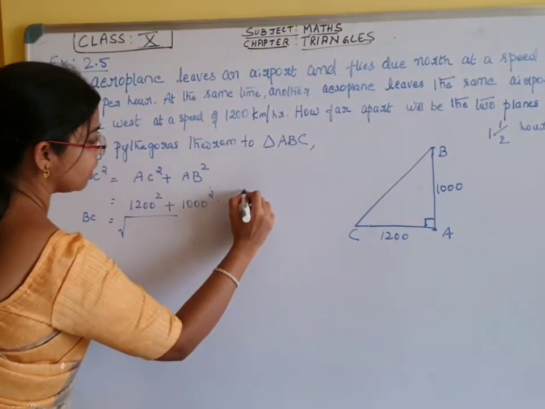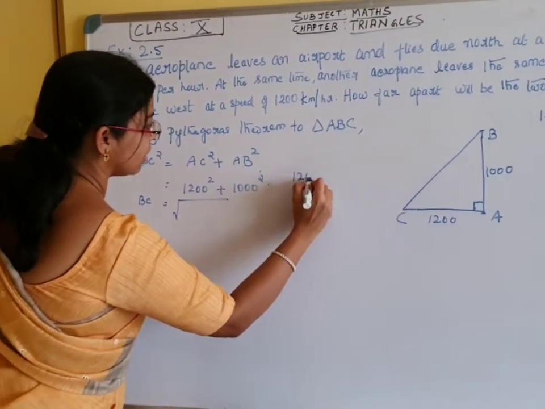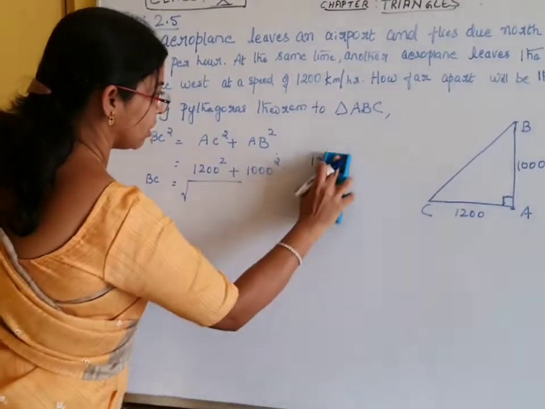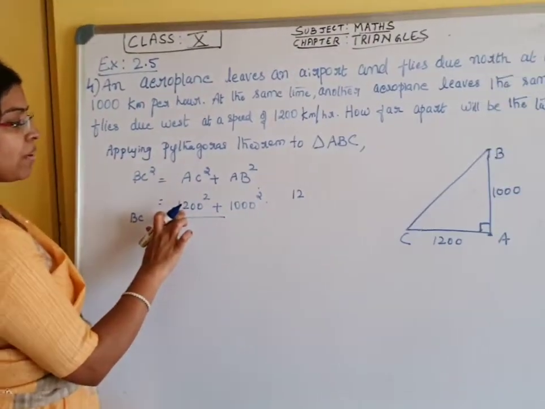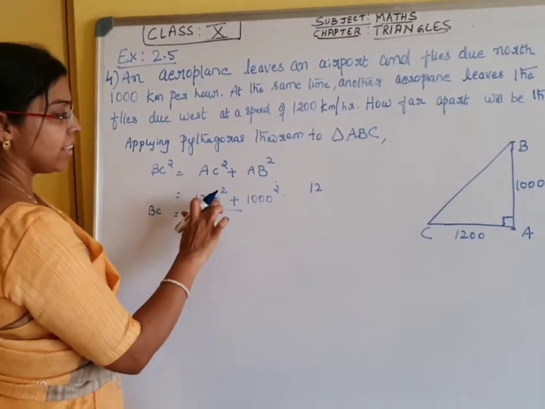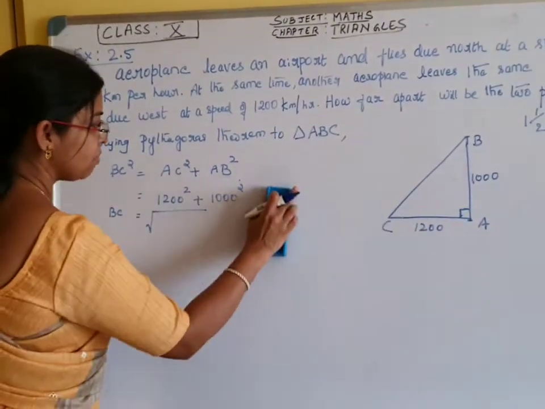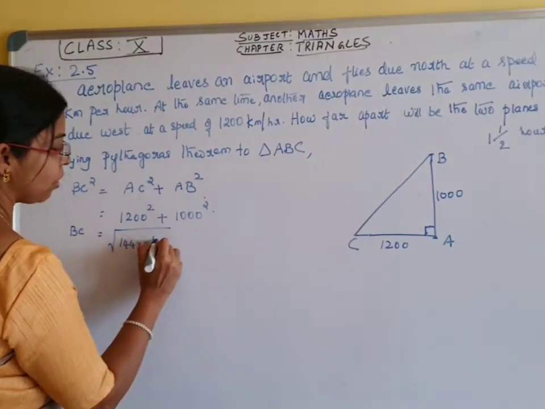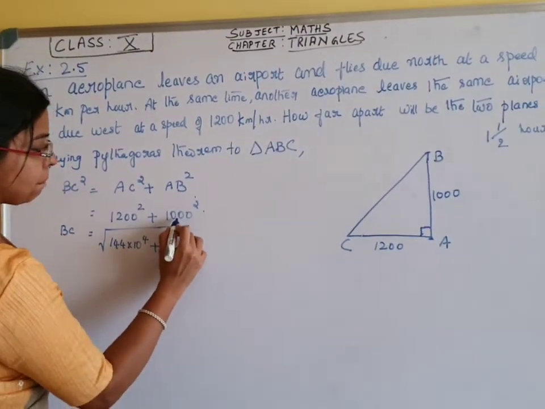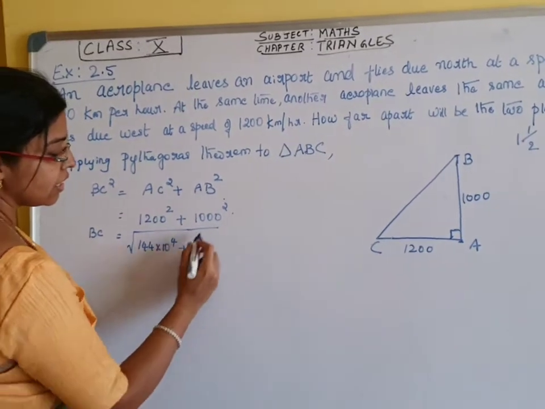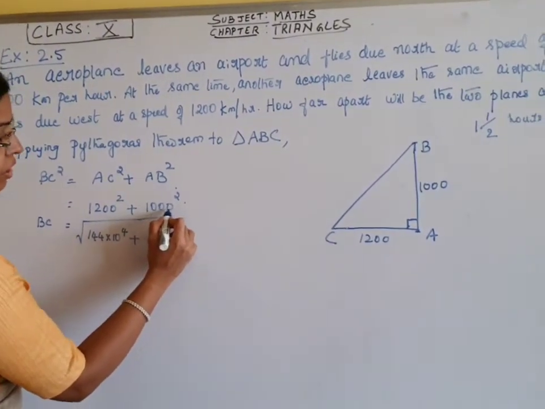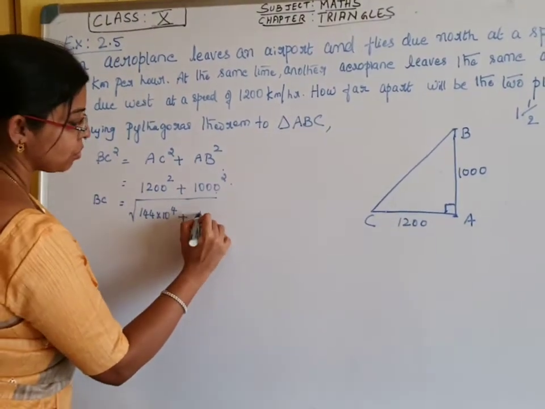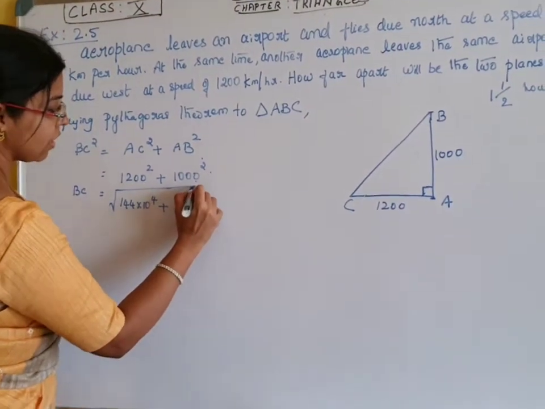1200 square, we can do it as 12 into 12, 144, and 10 square into 10 square. It becomes 144 into 10 to the power of 4, plus here we have 3 zeros, that is 10 to the power of 3 to the power of 2. So it gives you 10 to the power of 6.